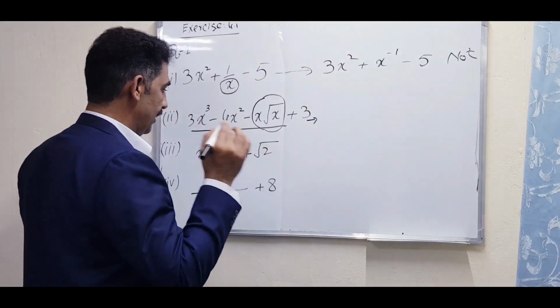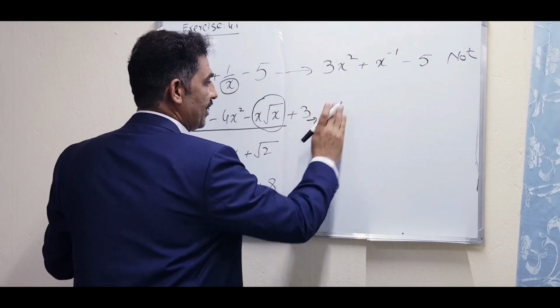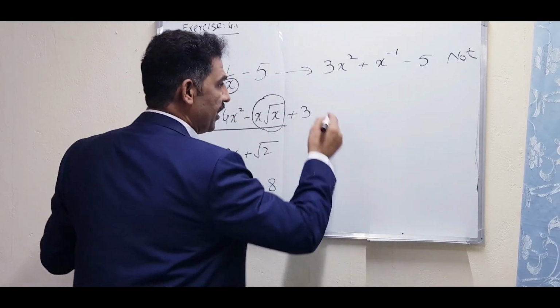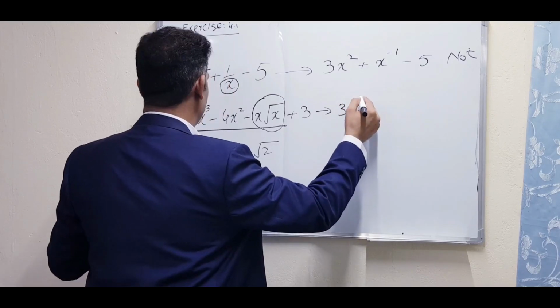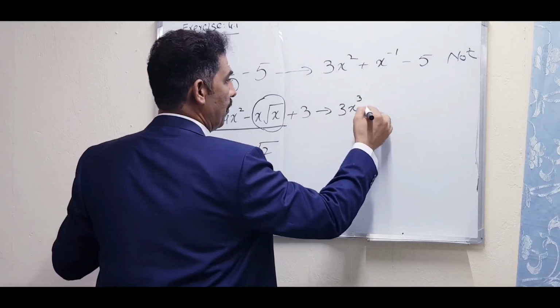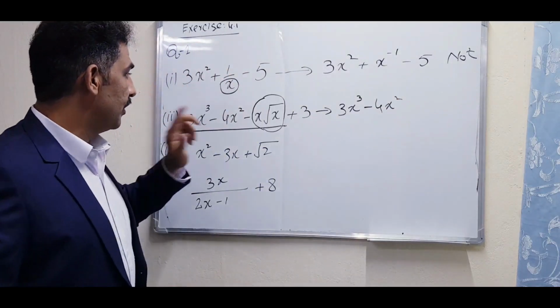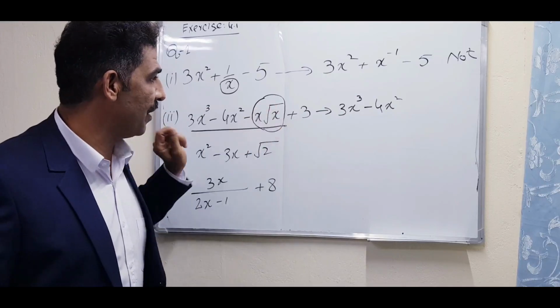Like this. I am writing the next step so you will not be confused. 3x cube minus 4x square. When we simplify, the powers add, power 1 and power half.